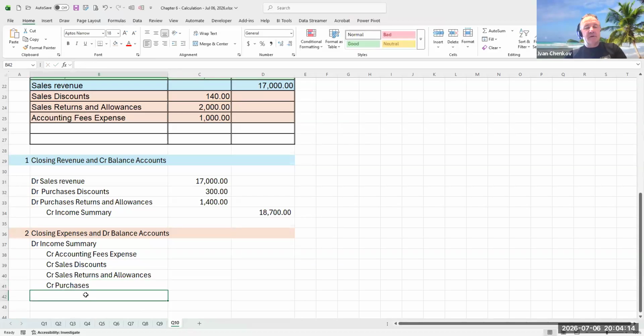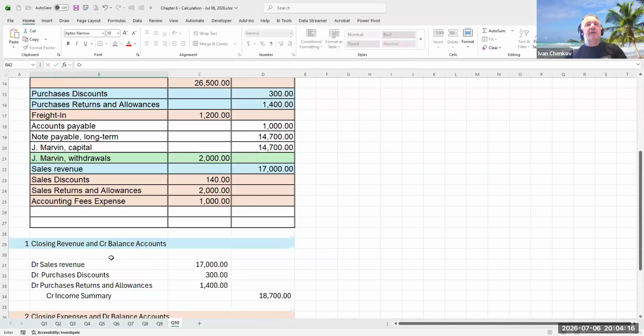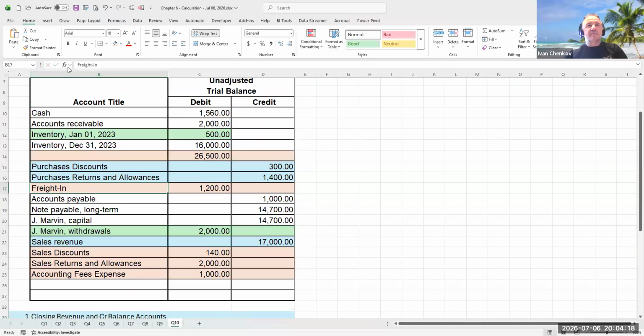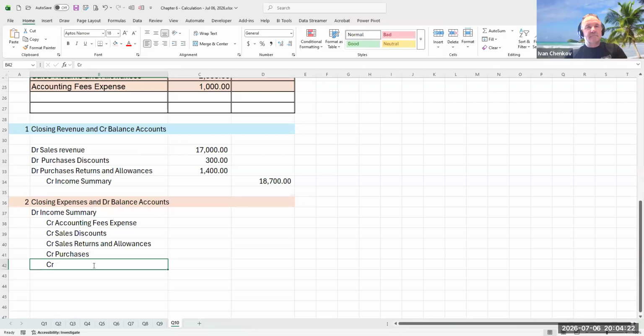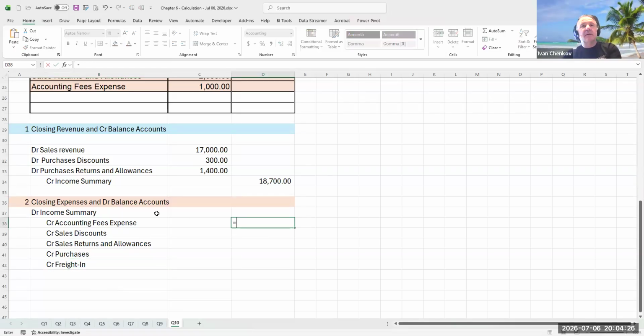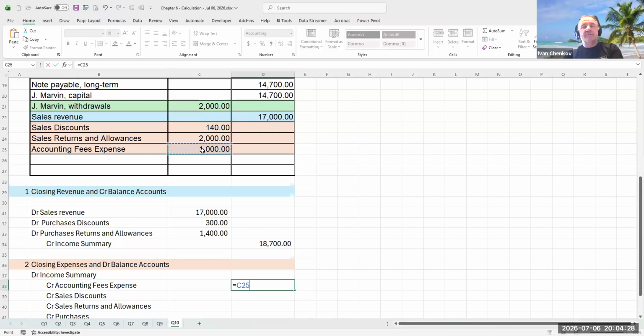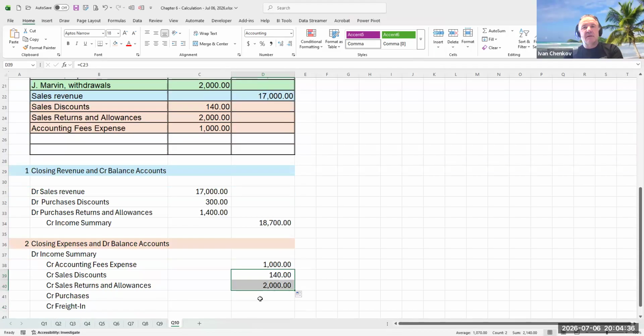And the last thing that I'm gonna credit is the freighting. Okay, let's go one after another. Accounting expenses 1,000. Discount 140. Return allowances 2,000.